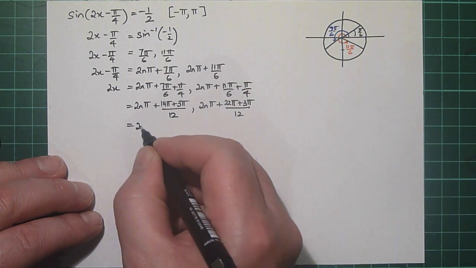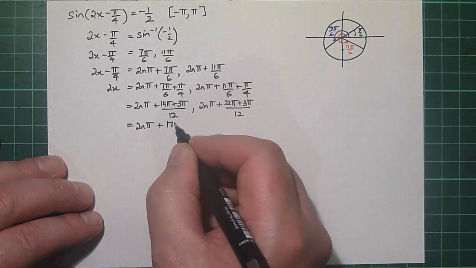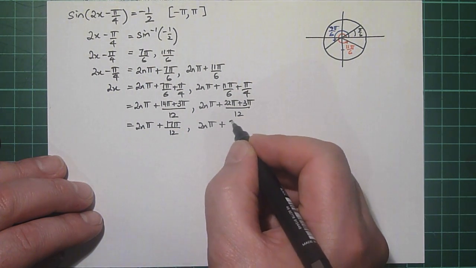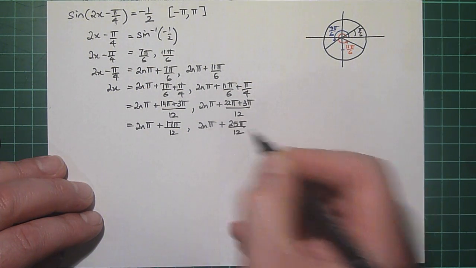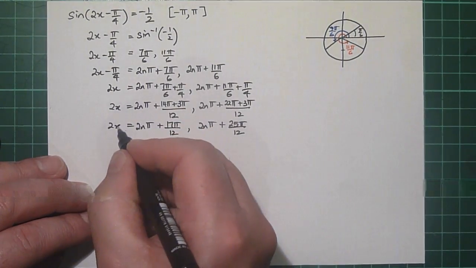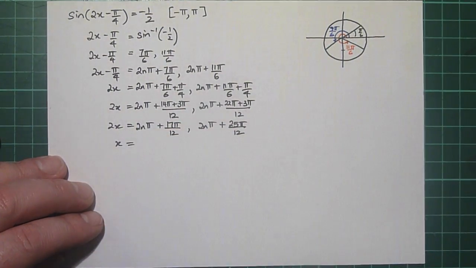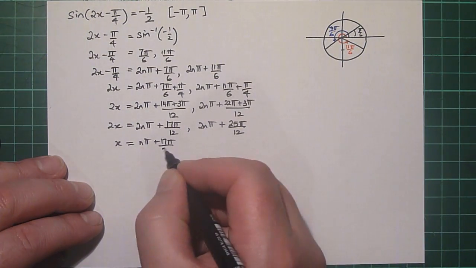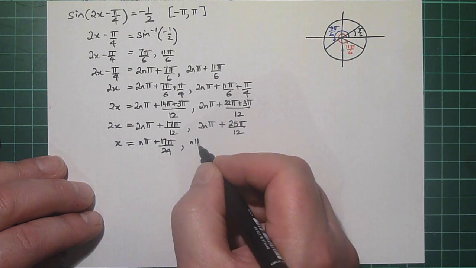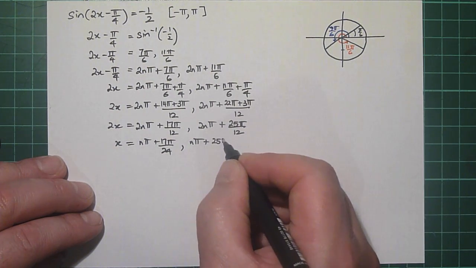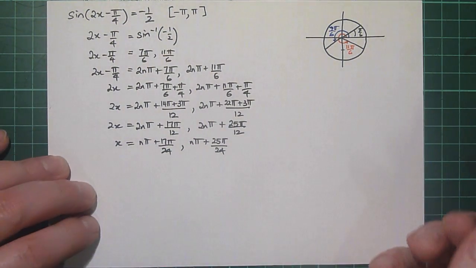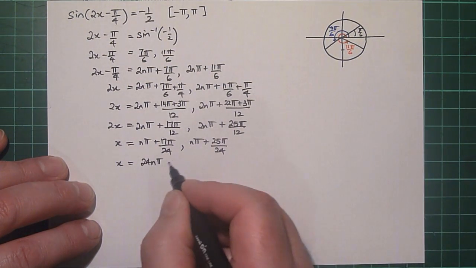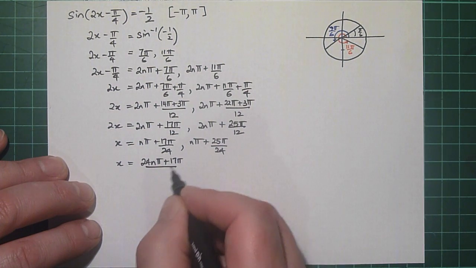Okay, clean that up. So this is all equal to 2x. To find x, we just divide by 2. And maybe it's a good idea to have that all over a common denominator.